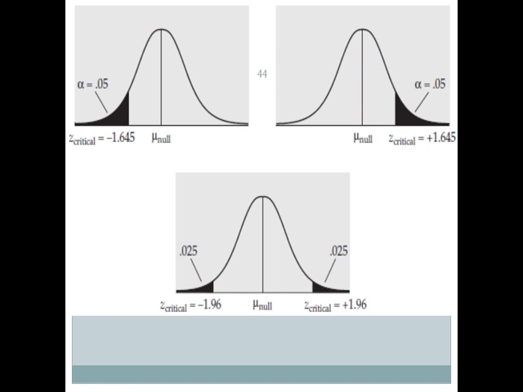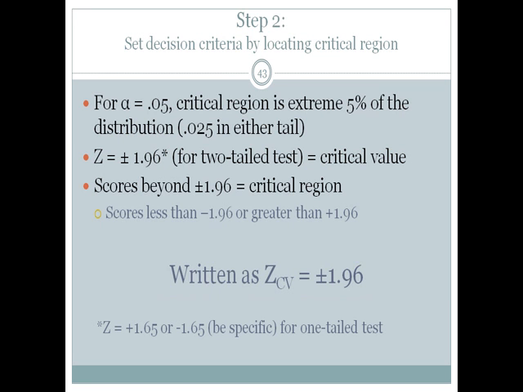So in this example, we can write that out as Z sub CV, which stands for critical value, is equal to positive or negative 1.96. Now, notice here that the Z values on the bottom of this slide are for the one-tailed test. Okay.